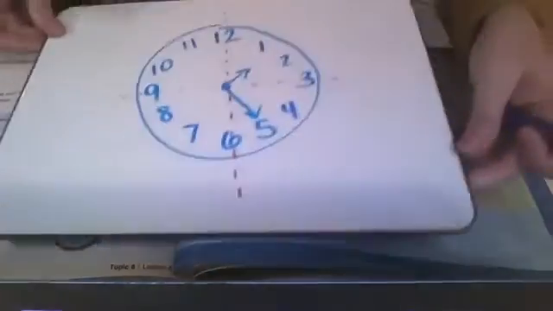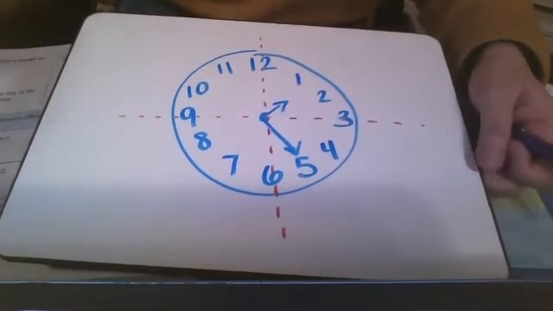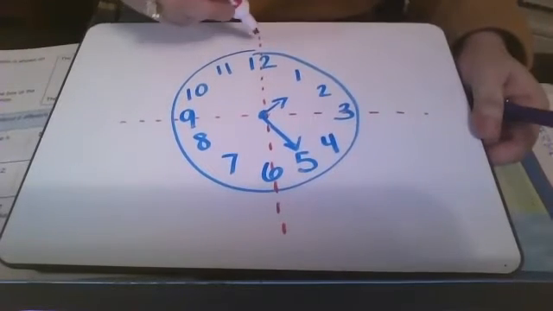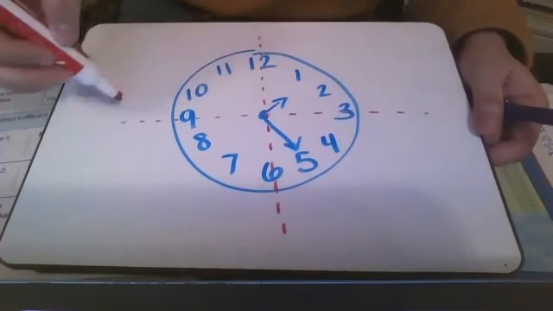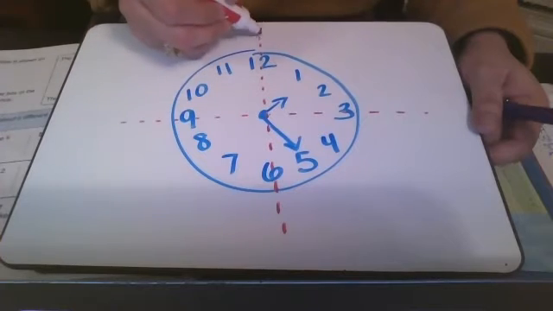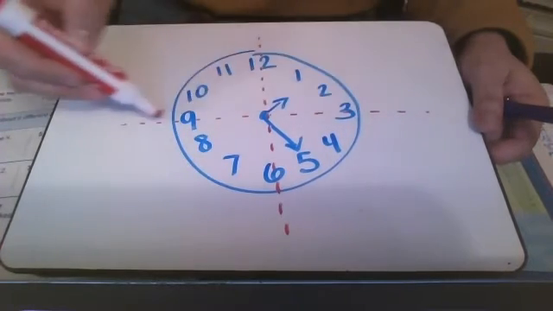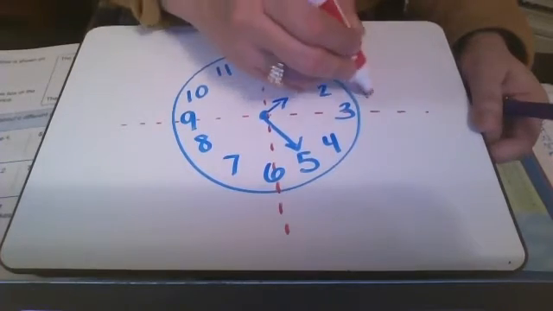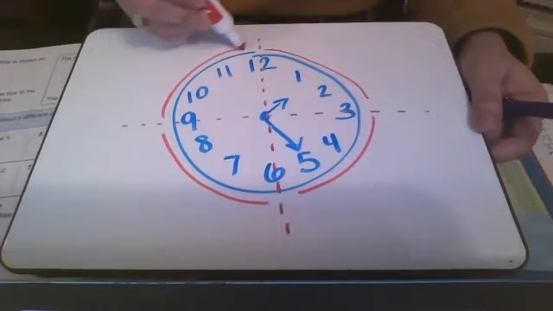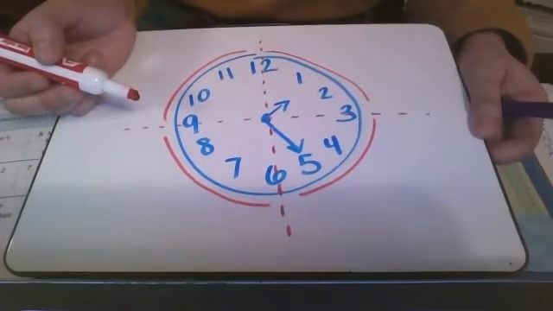I have my clock here on my whiteboard, and you can see that I divided my clock into 4 even sections. So if I put some dotted lines going straight down and dotted lines going across, I have 1, 2, 3, 4 even sections. Each of those sections is 15 minutes.